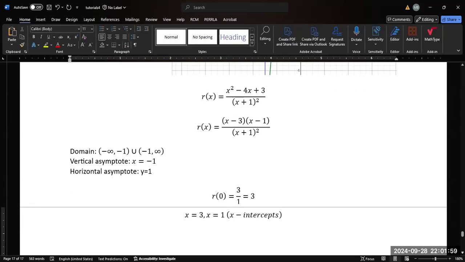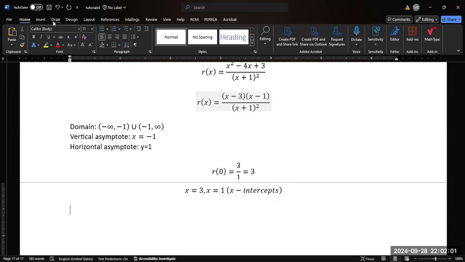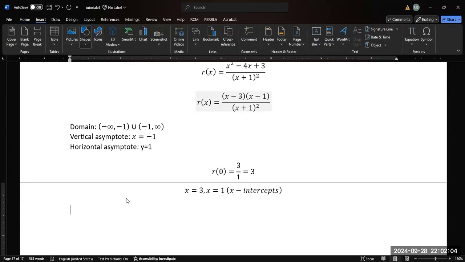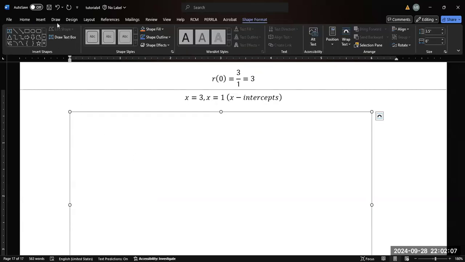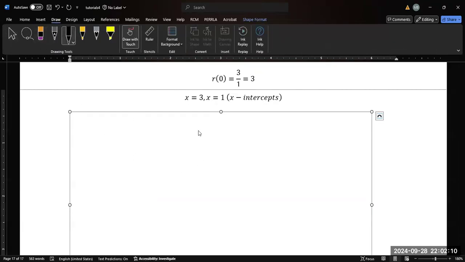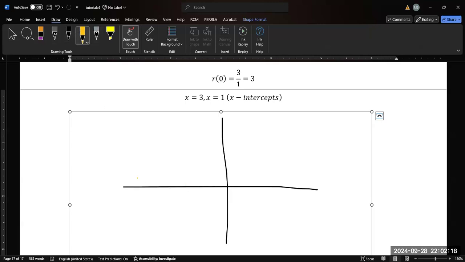All right, so now let's try, again, plotting this, and then we'll compare to technology. So we know, for example, we had a horizontal asymptote at y equals 1, and we had a vertical asymptote at x equals -1, and we have some points we can plot.